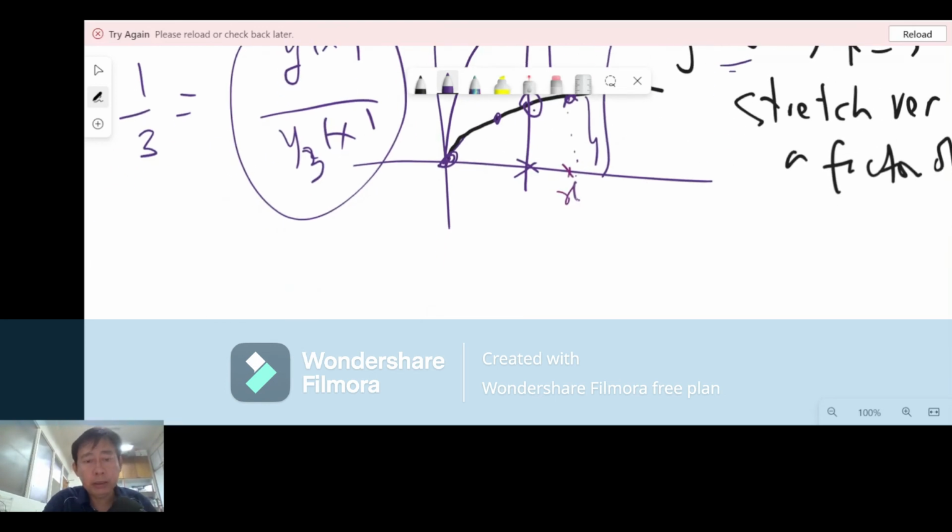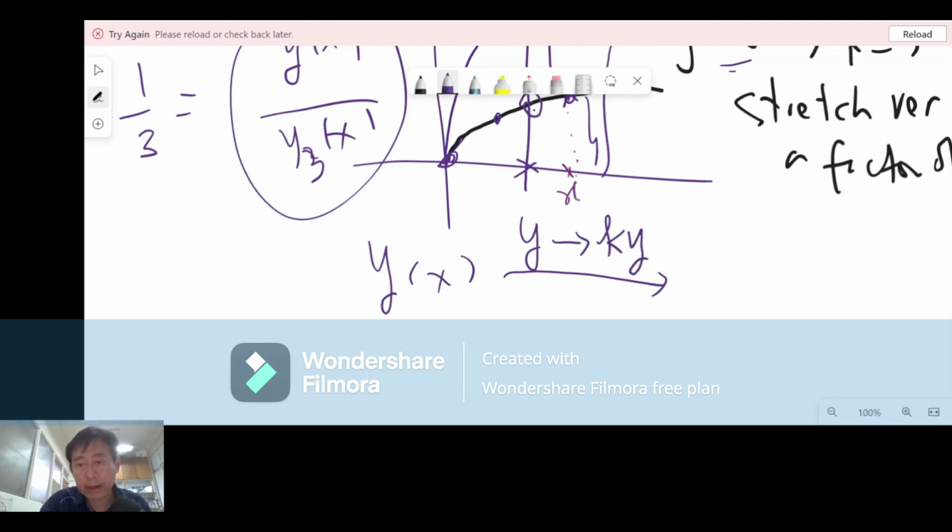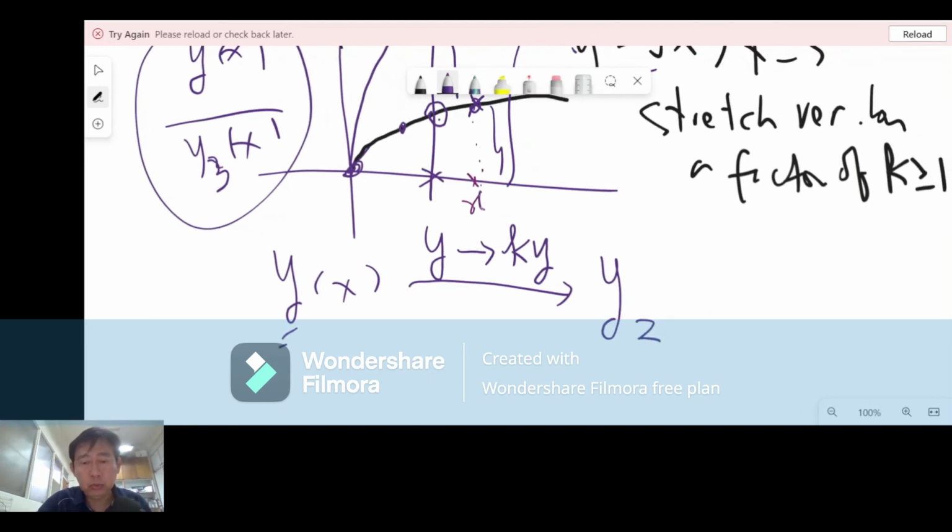To summarize, if you have the original function y of x, to stretch it vertically by a factor of k amounts to saying that for every value of y, you replace it by a factor of k times y. After this operation, the function y will be projected into another function called y3, obtained from y by replacing y with ky.